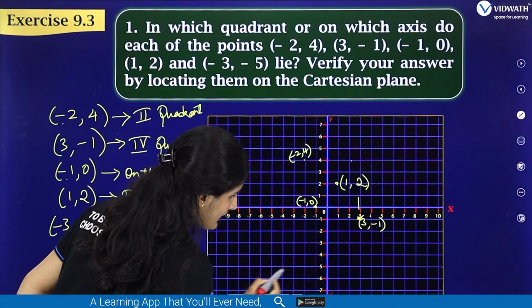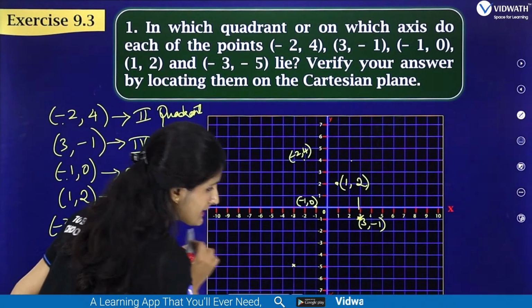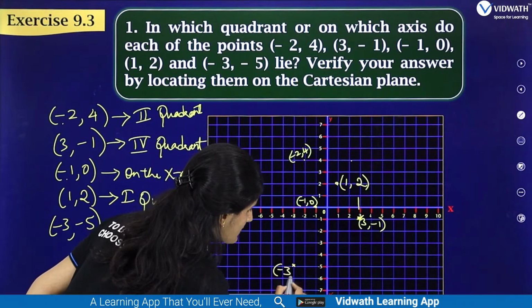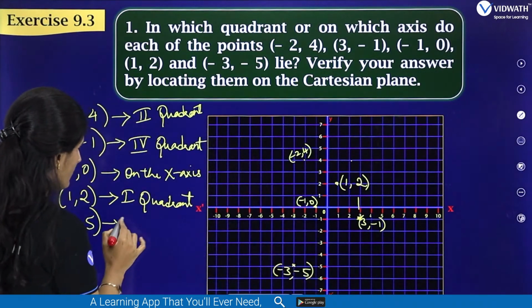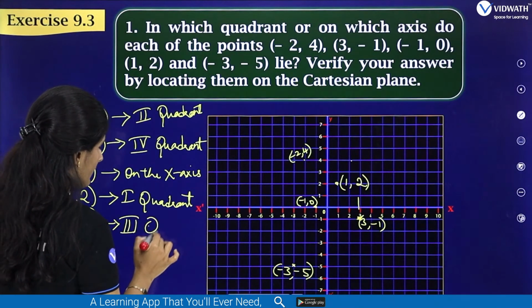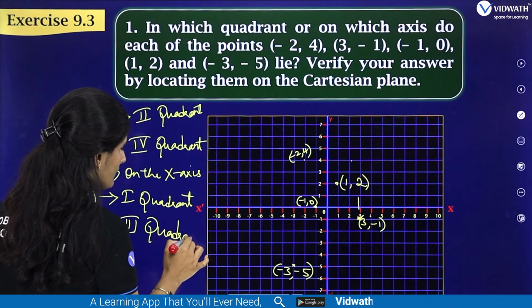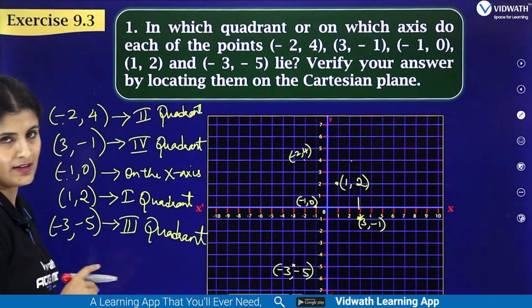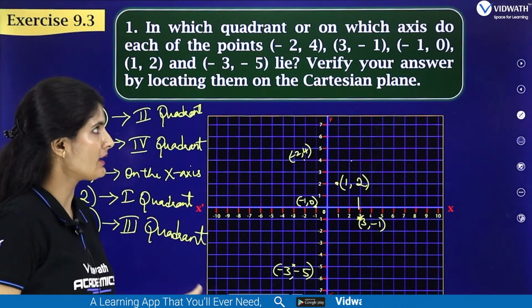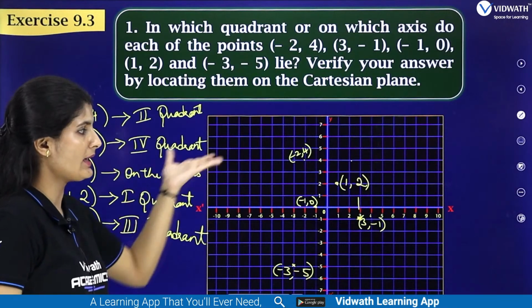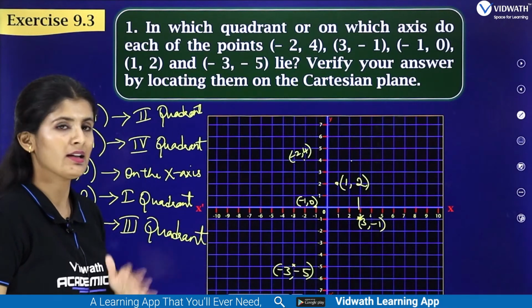So, the point will lie at the intersection of both of these lines, that is at this point. So, it has coordinates (-3, -5) and clearly this point lies in the third quadrant. Hence, we have seen where these points are located and also we have verified our answer by locating the points on the graph.